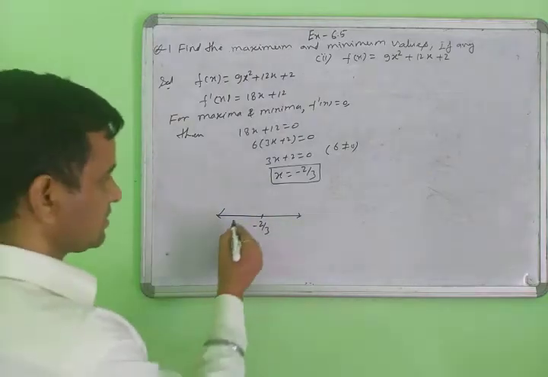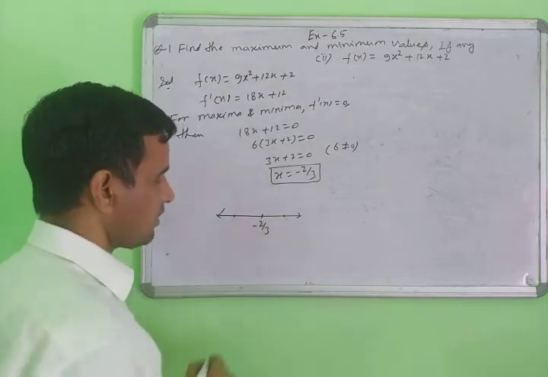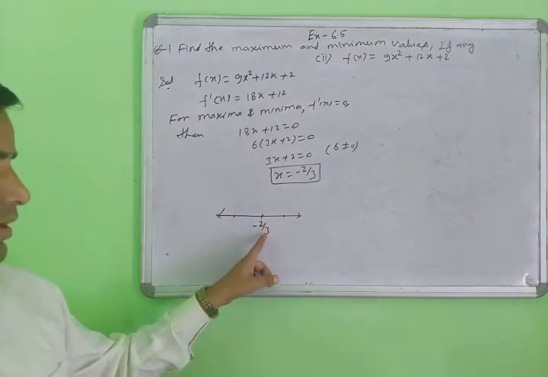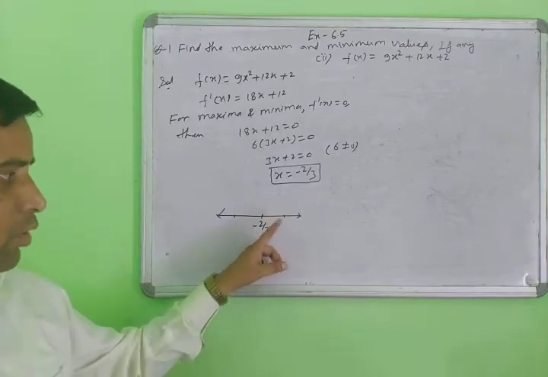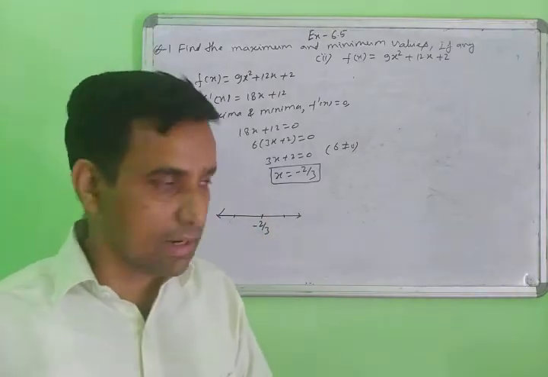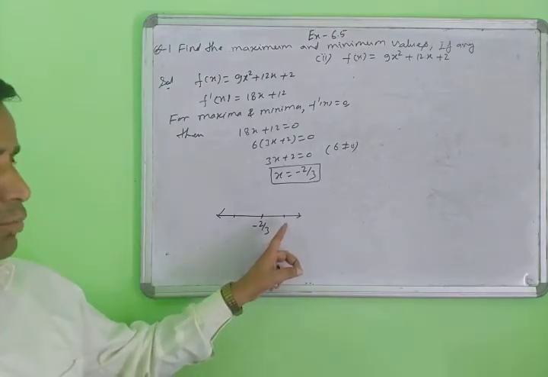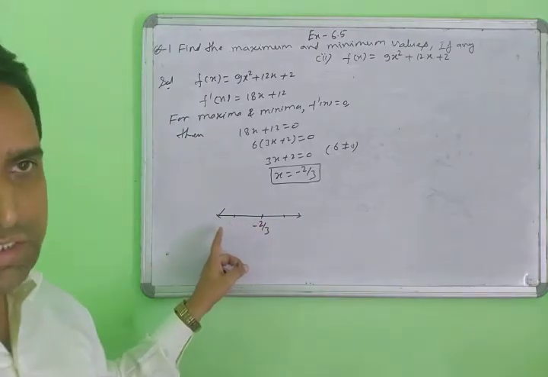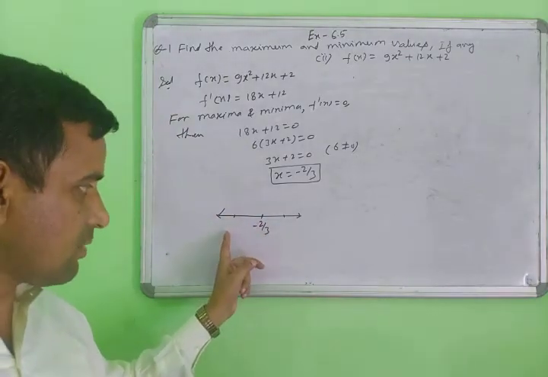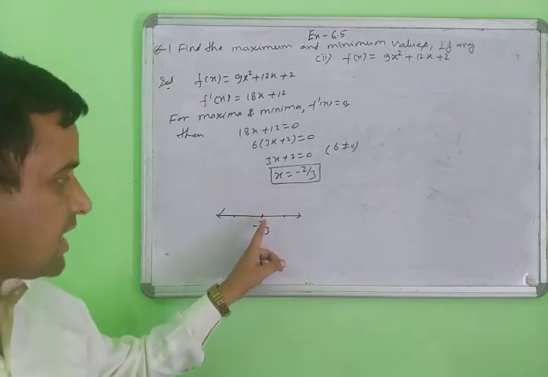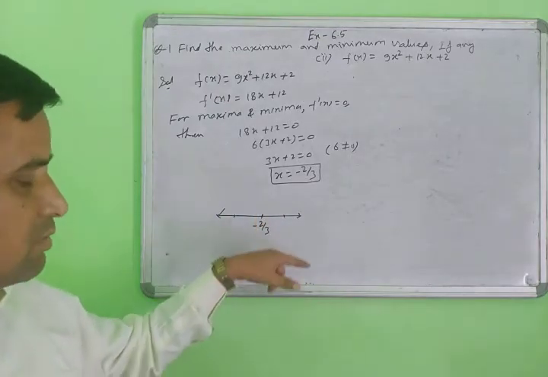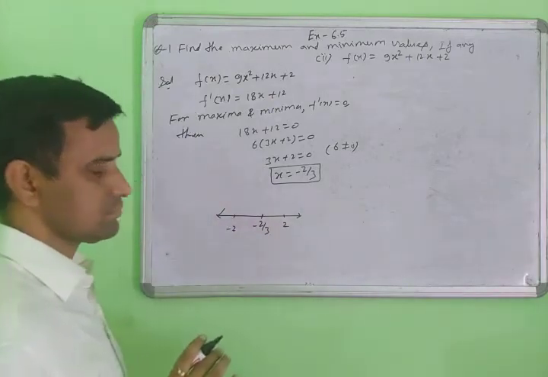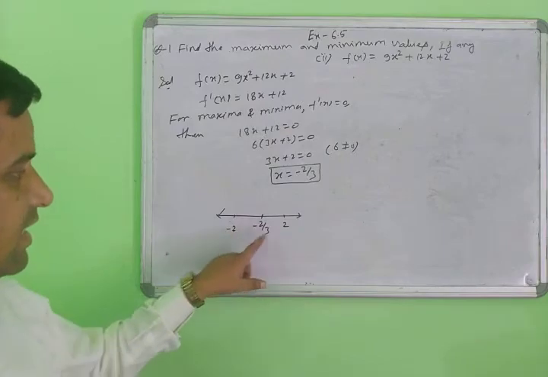You can take any number less than this number on the left and any number more than this on the right. Suppose I am taking −2 on the left side and +2 on the right side.